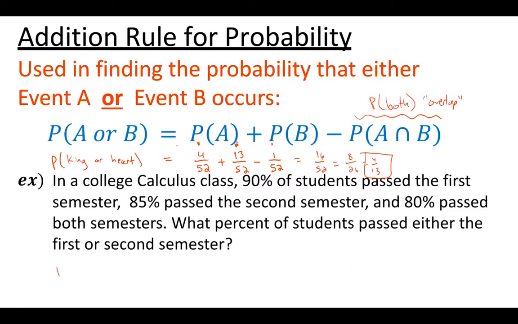So the way we're going to write this is probability of, let's say, first semester or second semester. We can abbreviate that, probability of first or second, equals, and then we would want the probability of the first, which was 90%, plus the probability of the second, which is 85%.